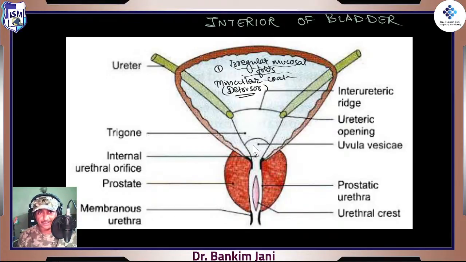So that is one. But see, there is one area which is triangular. The look itself is telling us this is triangular, and that's why it is very rightly named the trigone. In this trigone, the other area is irregular, and over here it is smooth.